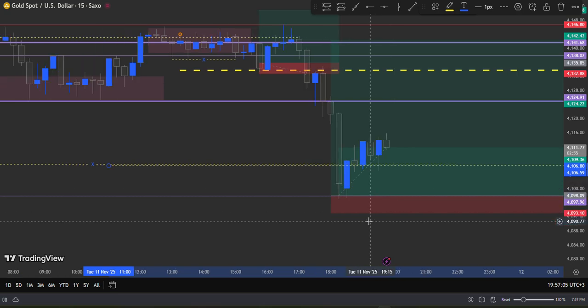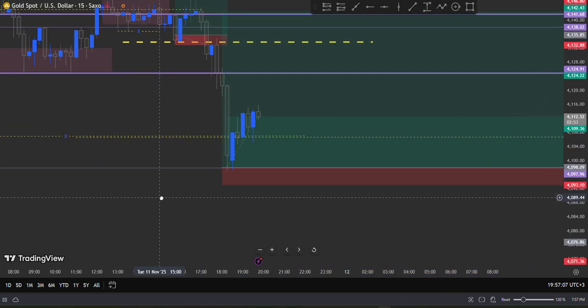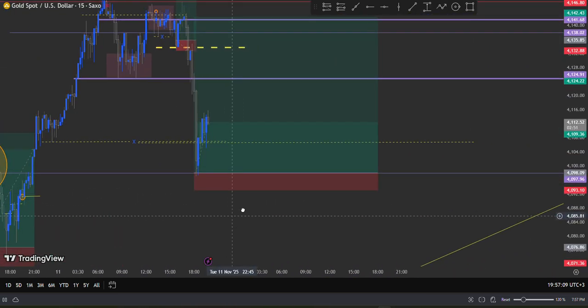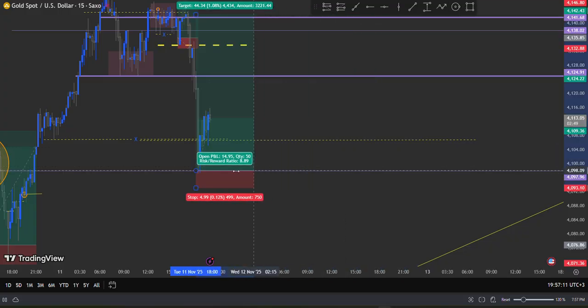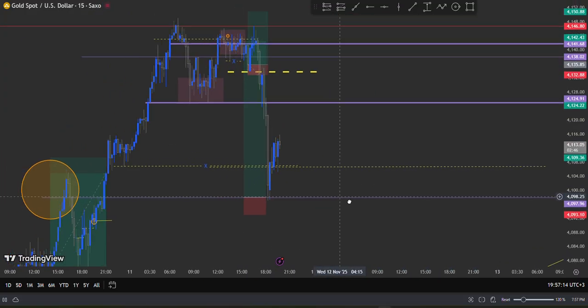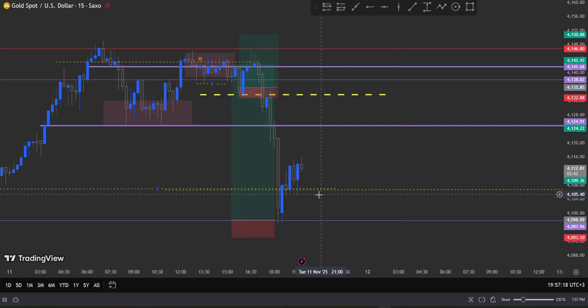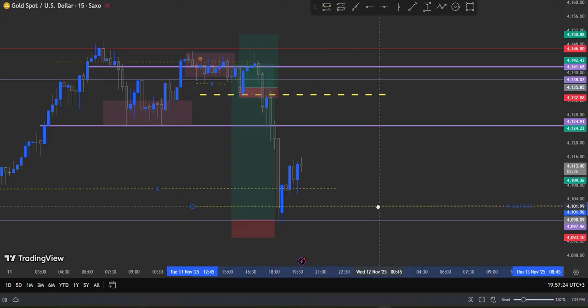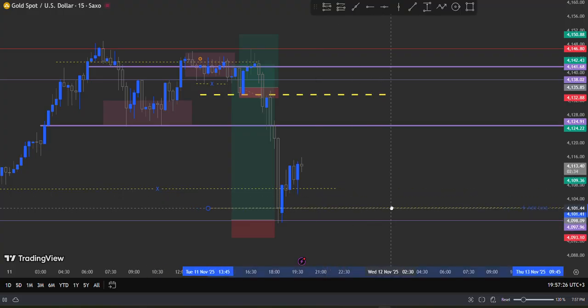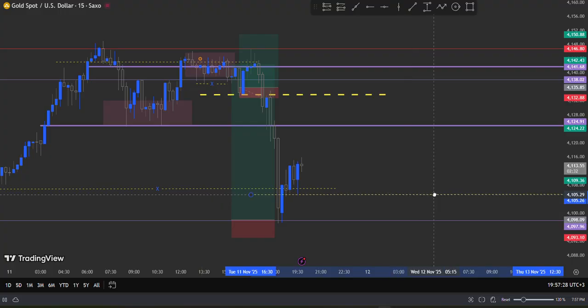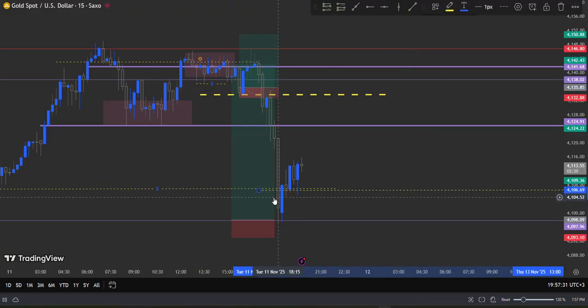patiently for the market to form, because, as we can see in the current price action, the market may come, sweep out this, and we get another entry here. Or if the market doesn't do that, we are rejecting this zone.